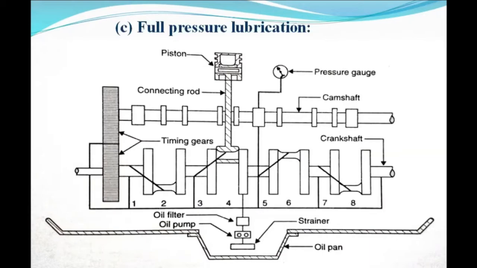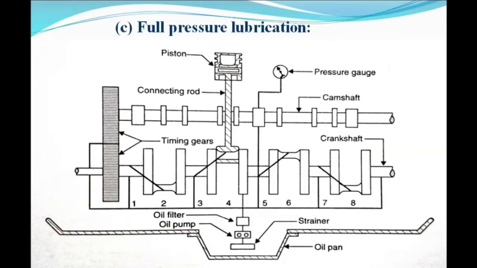Drilled passages in the crankshaft carry lubricating oil from the main bearing to the connecting rod, and then to the piston pin and piston rings through a drilled passage in the connecting rod. Oil is delivered by a pressure pump at a pressure ranging from 1.5 to 4 bar.